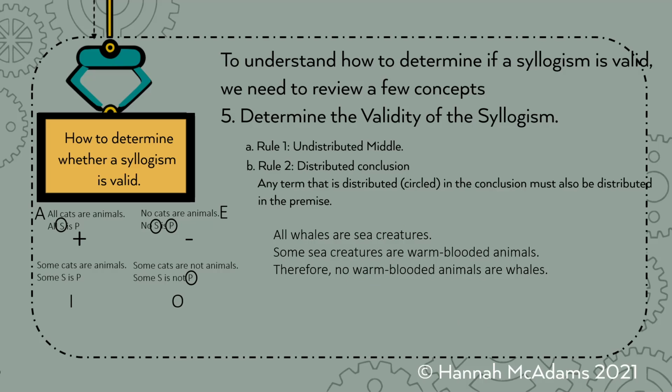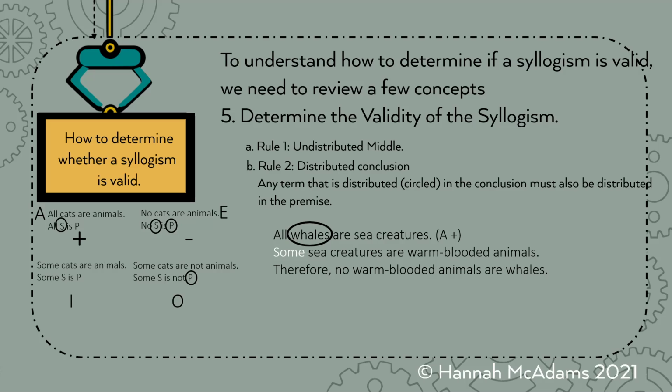Okay. All right. Let's do, I think we have two more. All whales are sea creatures. That is A. How do you know it's A? Because of the word all. And so we're going a little faster. I'm going to write all this down in one step. It's A positive, and the subject is whales. Some sea creatures are warm-blooded animals.